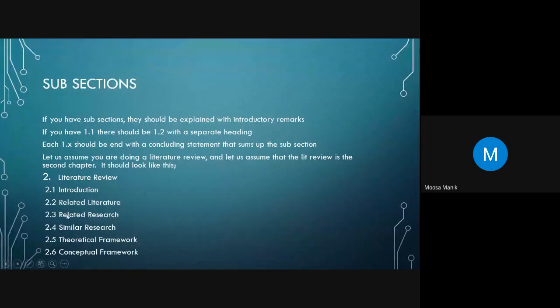And of course, in 2.5, you go to theoretical framework and also the conceptual framework. So you could delete 2.4 so that we will have 2.5, because similar research and related research is, I would say, the same thing.